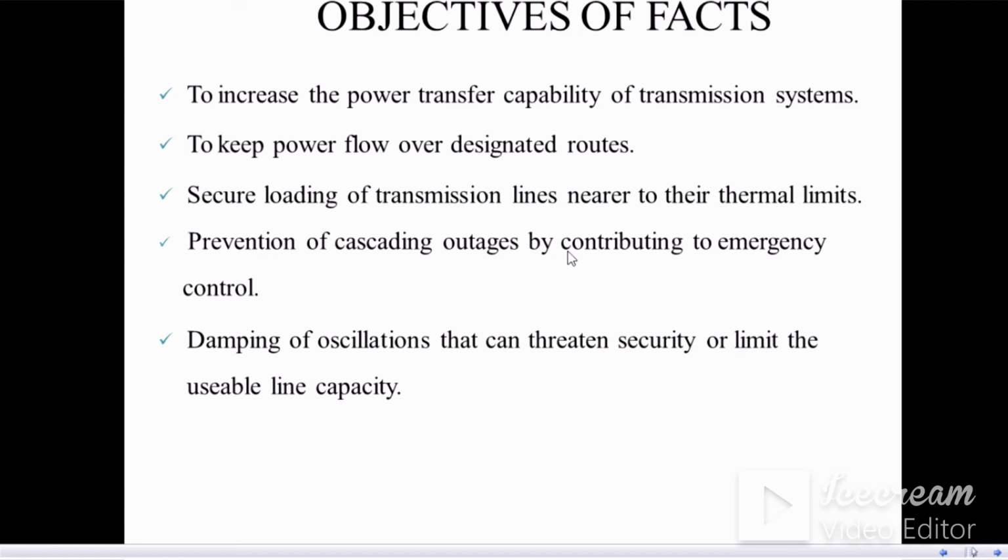But this happens due to the cumulative breakdown due to a certain disturbance. This can be prevented by contributing to emergency controls. Fifth, damping of oscillations that can threaten the security or limit the usable line capacity. So these oscillations can be damped out and security of the line can be maintained and the limits will not be crossed.